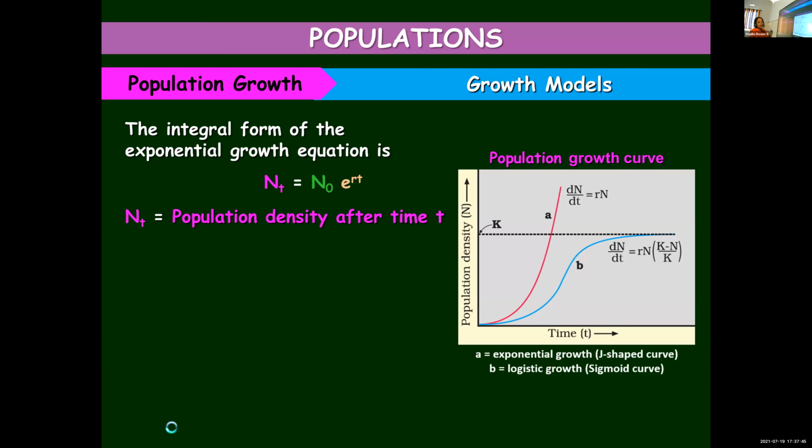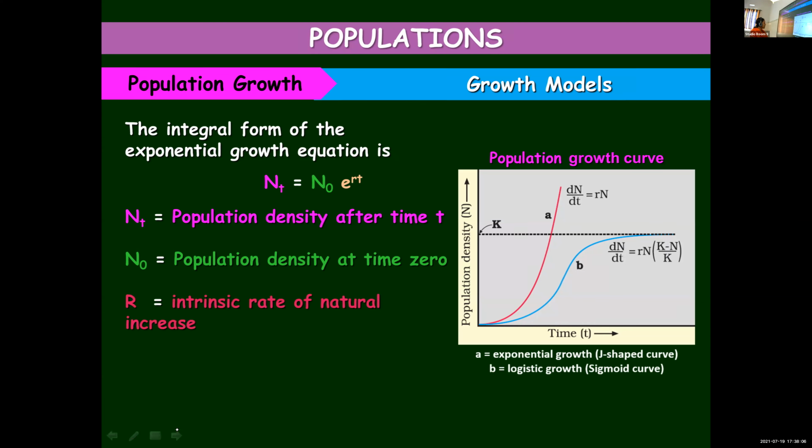Exponential growth can be represented in the integral form, that is N_t is equal to N_0 e raised to rt, where N stands for population density, N_t is the population density at time t, and N_0 at time 0. e is the base of the natural logarithm, r is the intrinsic rate of natural increase, t is time, and the value of e is 2.71828.